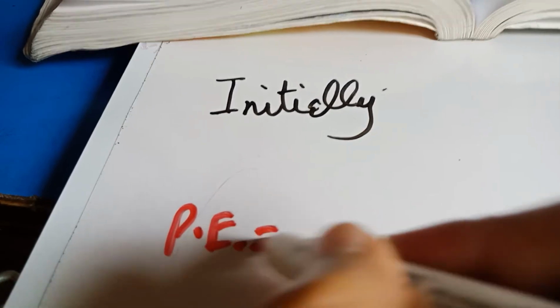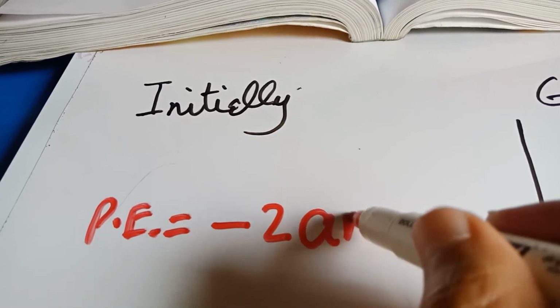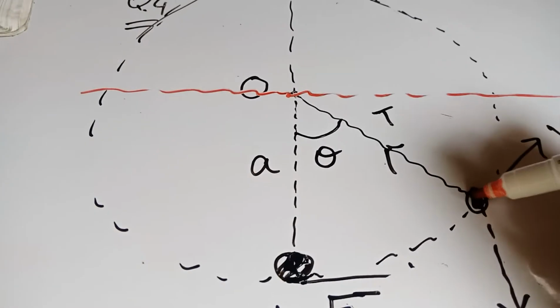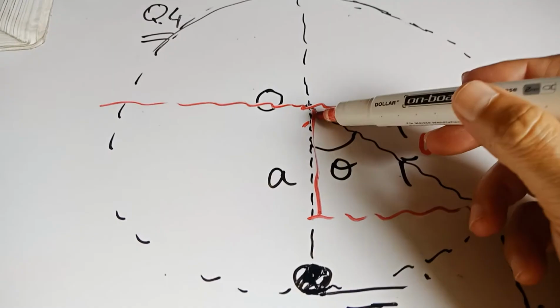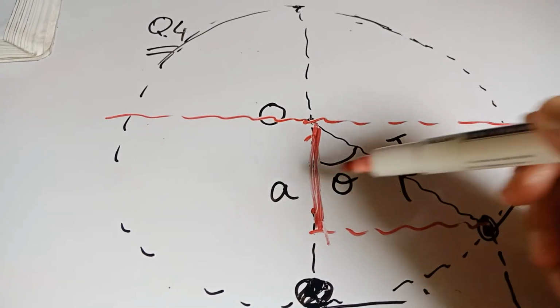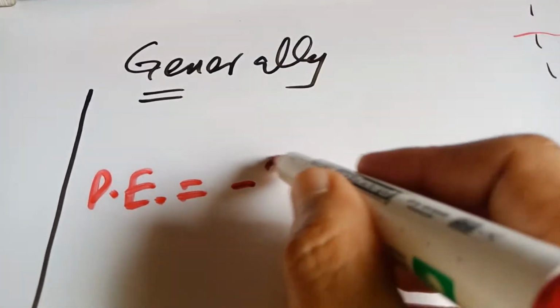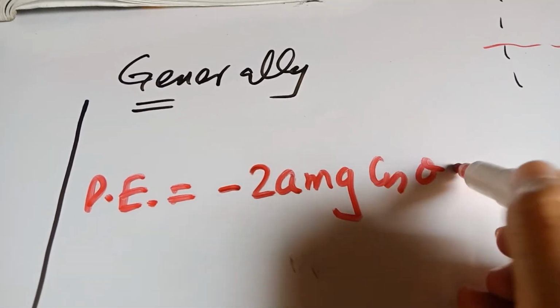So initially the potential energy is minus 2amg, and generally, if we determine this level, the radius is a over here, so this height is going to be minus a cos theta, so that is why this is going to be minus 2amg cos theta.